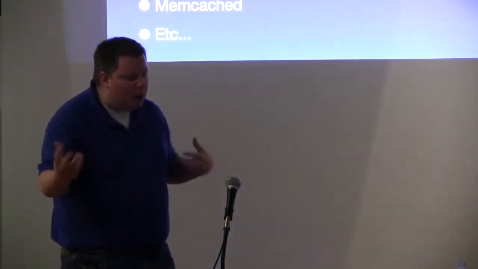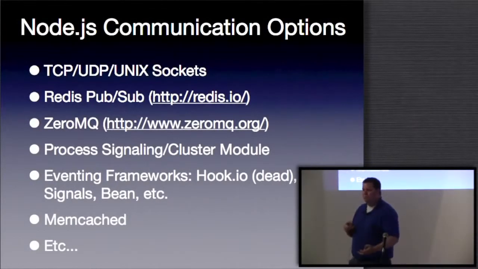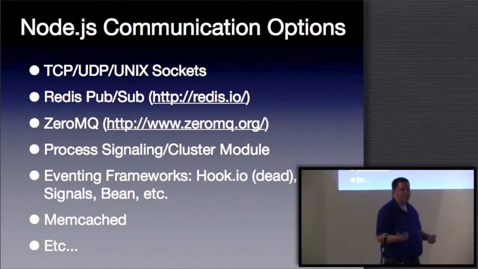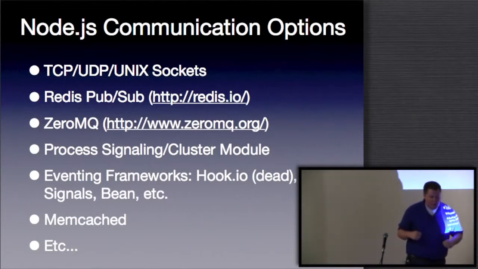And there are also various eventing frameworks out there that transcend processes that we can work with. The one that seems to be the most popular is called Hook.io. It's dead. From what I could tell, there was some interesting political play that went on there, but if you try to go to any pages other than the legacy mailing list for it, you can't find anything.